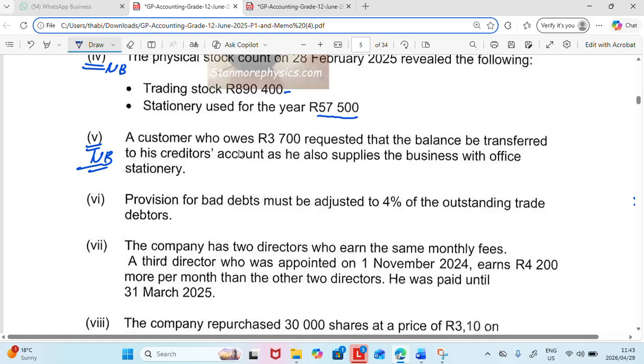A customer who owes 3,700 requested that the balance be transferred. So we need to reduce the debtors control by 3,700.